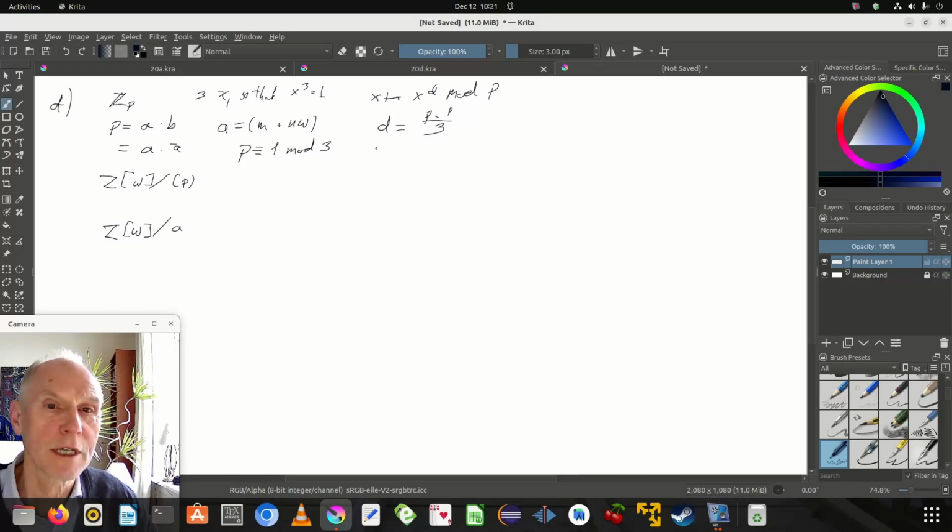And of course this guy works in this ring, obviously, and then it projects to this ring simply by taking this ring modulo A modulo p.